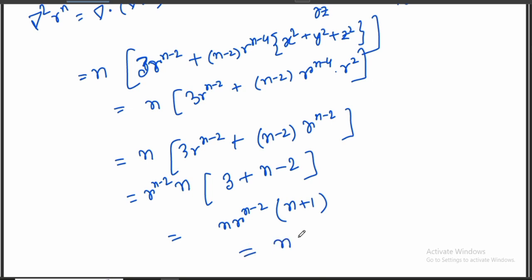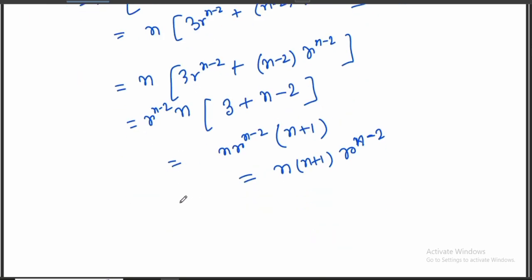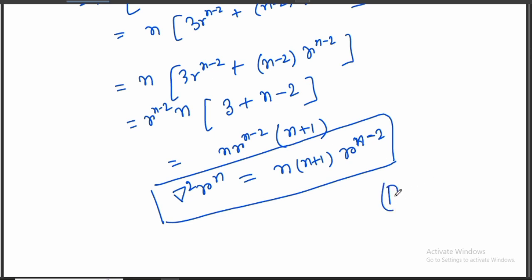So we get n plus 1 r to the power n minus 2. This is our del 2 r to the power n. Del 2 r to the power n is n into n plus 1 r to the power n minus 2. So this is proved.